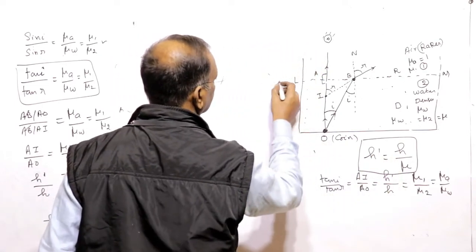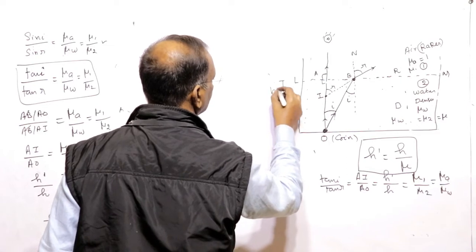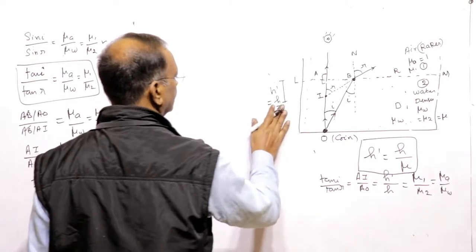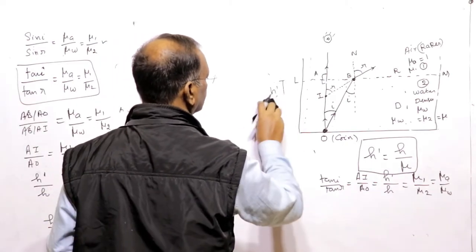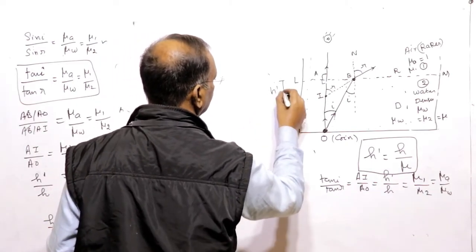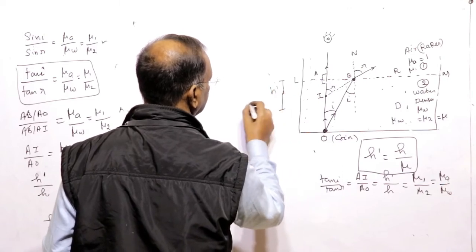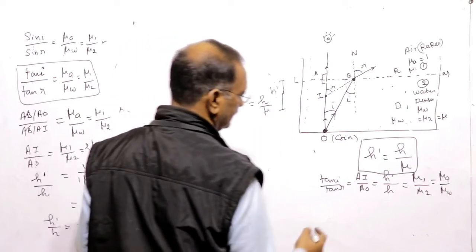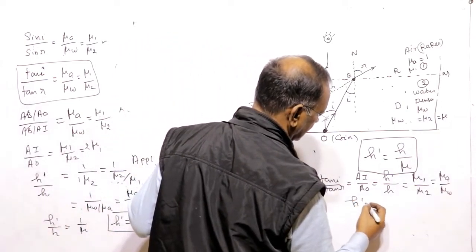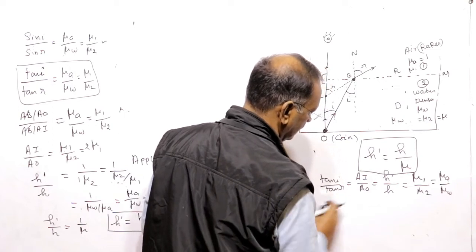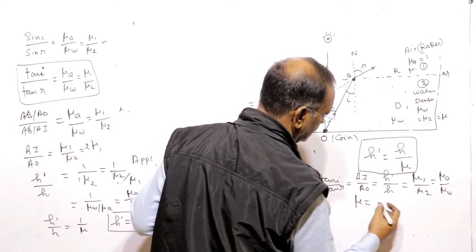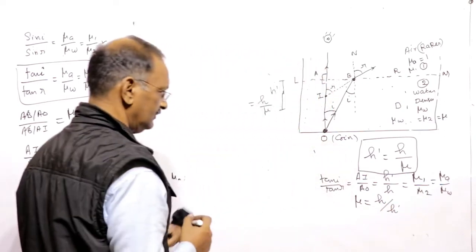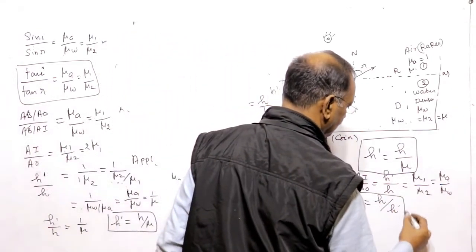That is, h dash is equal to real depth divided by refractive index, or we can say refractive index is equal to real depth by apparent depth. So this is also another expression.